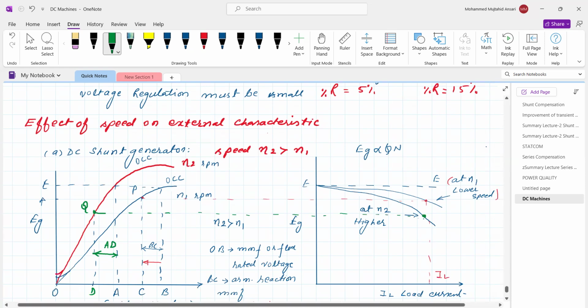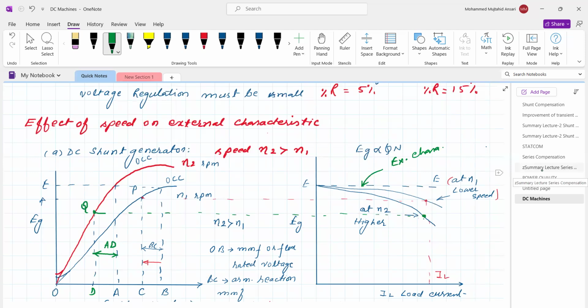So we find that this is the external characteristic of the DC shunt generator, isn't it? So for the DC shunt generator, if you increase the speed, the terminal voltage decreases at load condition.